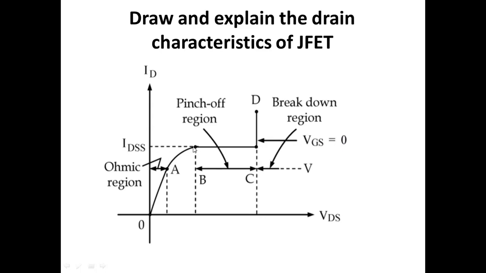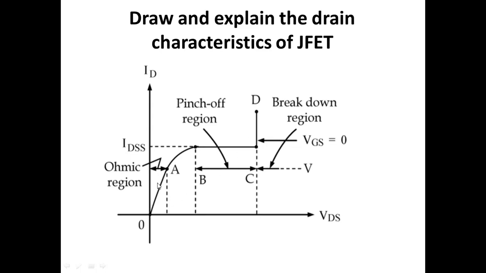It is the maximum current, IDSS. ID is nothing but IDSS when VGS equal to 0. And this region is called the pinch off region. From B to C, it is called the pinch off region, and from C to D, it is the breakdown region.